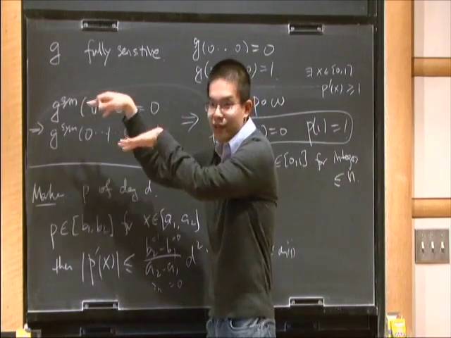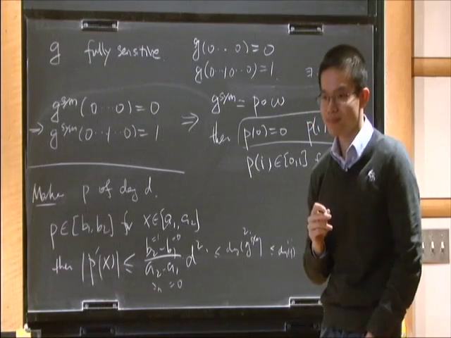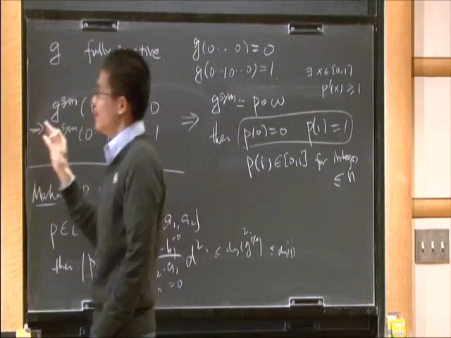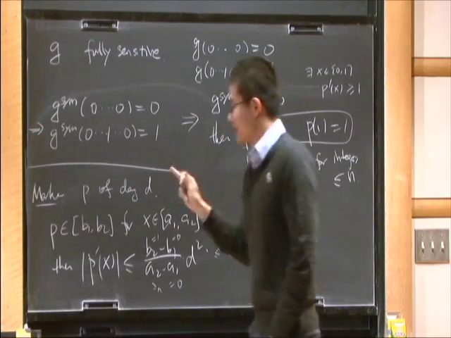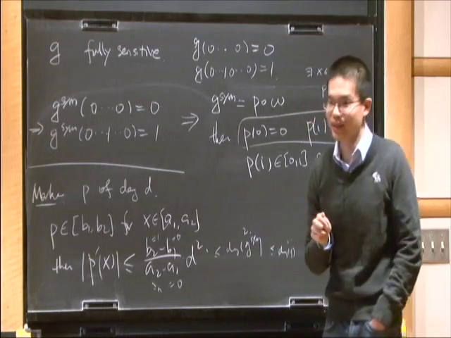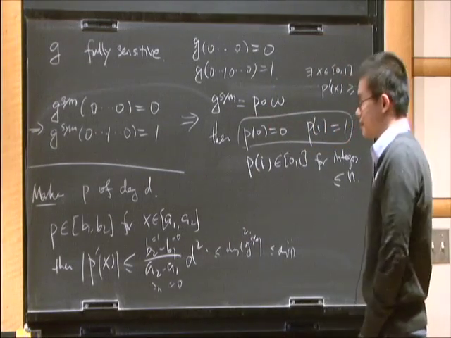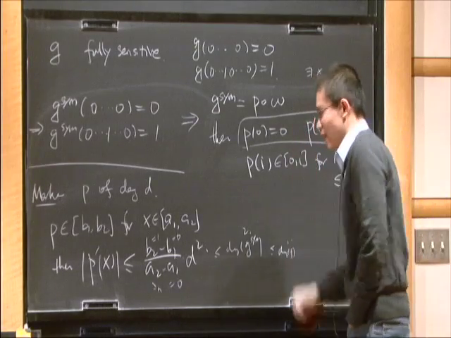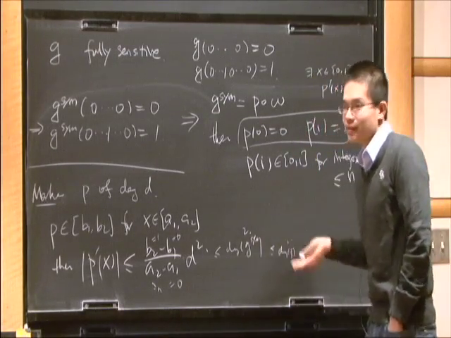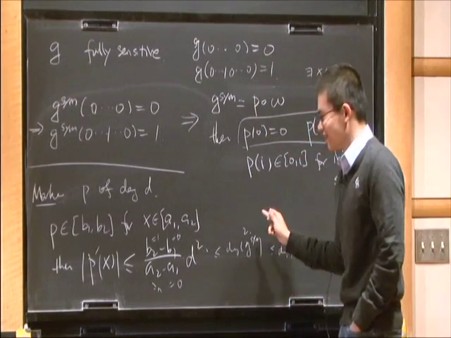So far I only decrease the degree. But we still have this expression for g sim as p composed with W. Oh yeah, I didn't mention this, thank you. So I need to show that if you compose a function p with W, then the degree can only go down. But I think that's kind of obvious if you verify by definition.